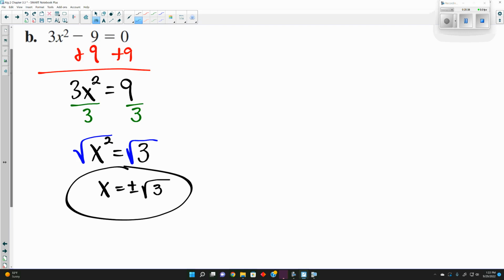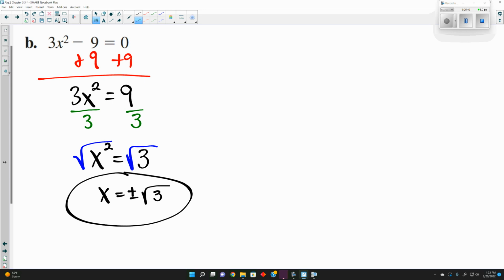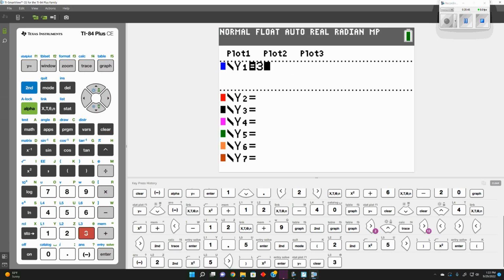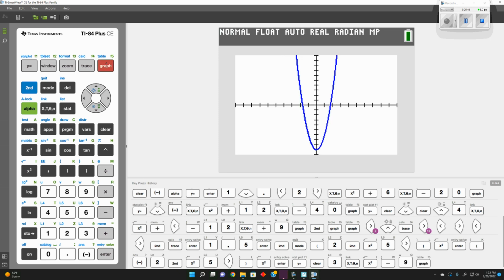Now we can look at the graph of this one, y equals 3x squared minus 9. Graph. We see that it does cross two spots, yes? One's positive, one's negative.